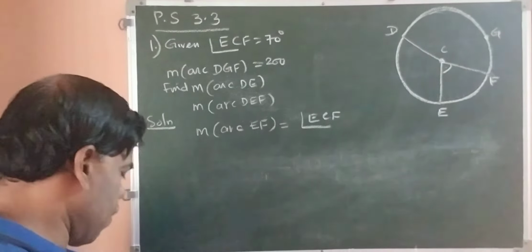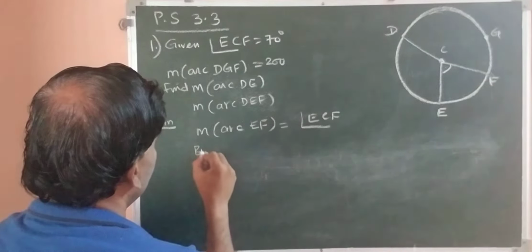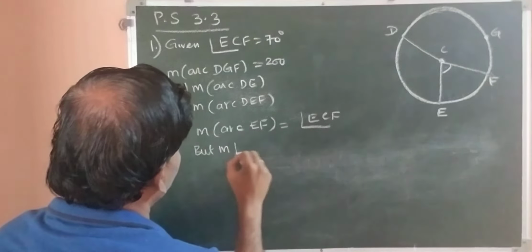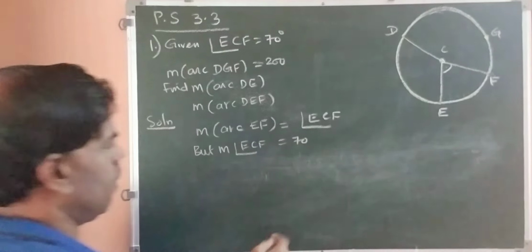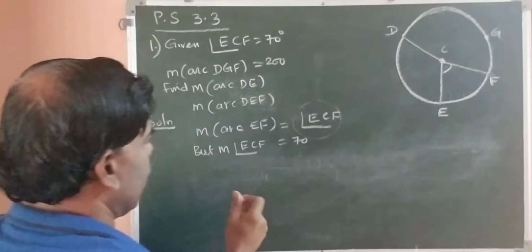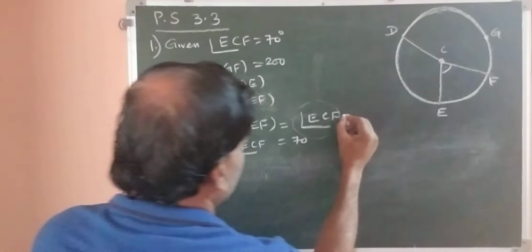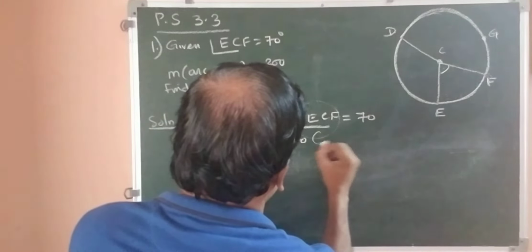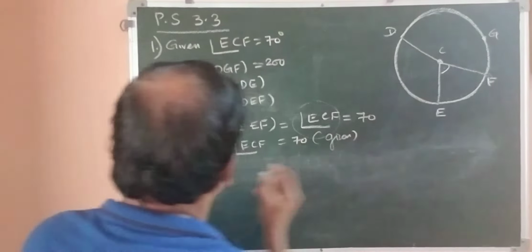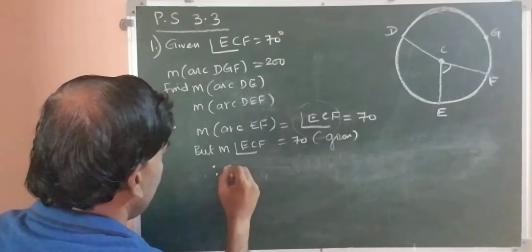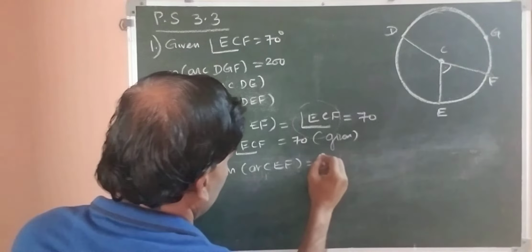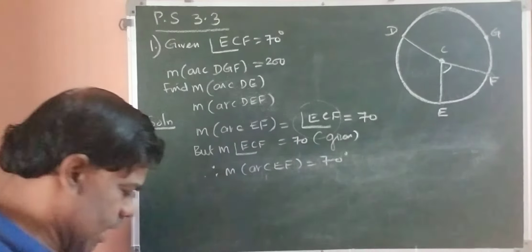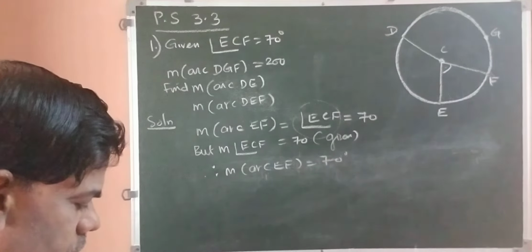Now, the measure of angle ECF equals 70 degrees. This is given, therefore measure of arc EF equals 70 degrees.